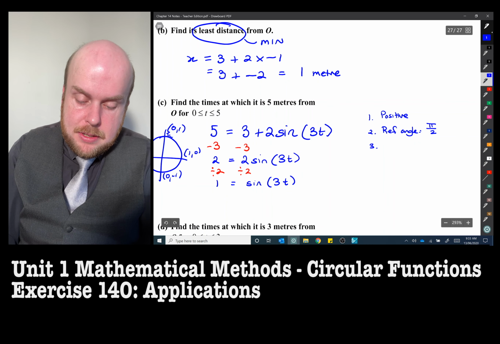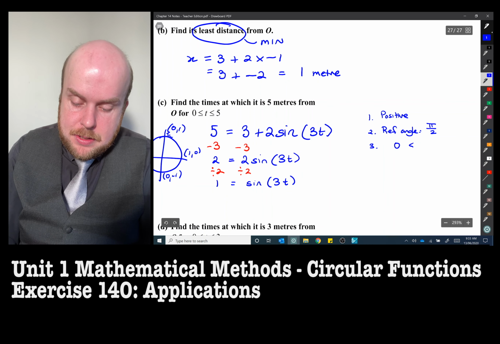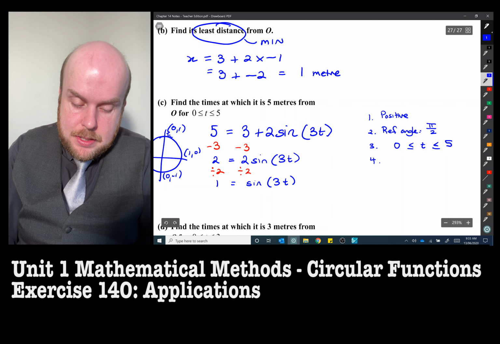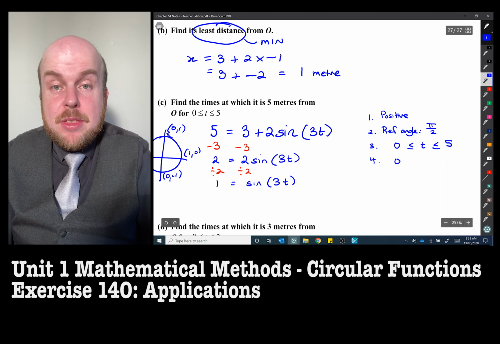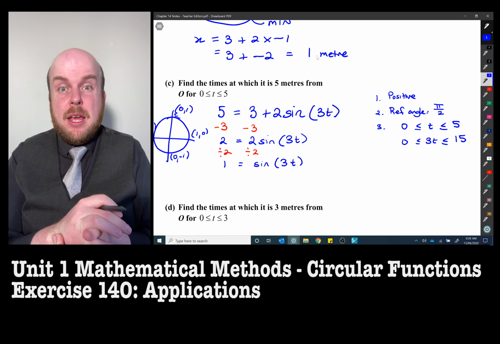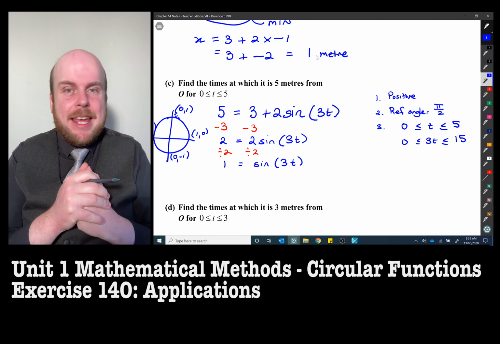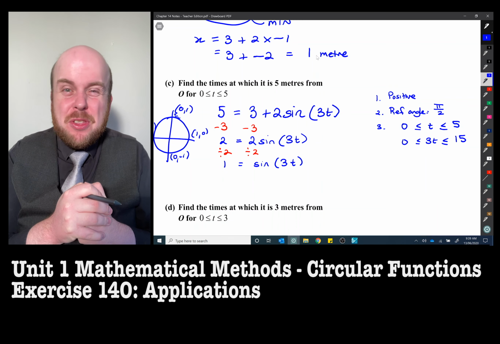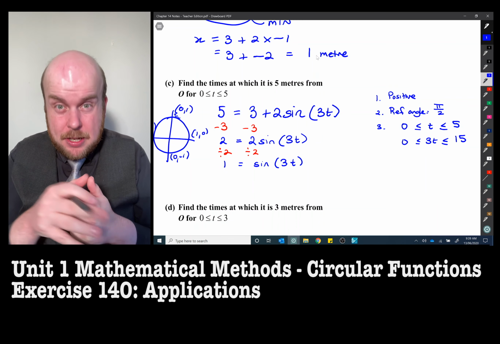The domain, so my existent domain, is t from 0 to 5. So it says here 3t. So we're going to multiply both sides by 3, so 3t goes from 0 to 15. So it's worthwhile knowing what pi is approximately as a whole number. And pi is 3 and a bit, so 3.1.